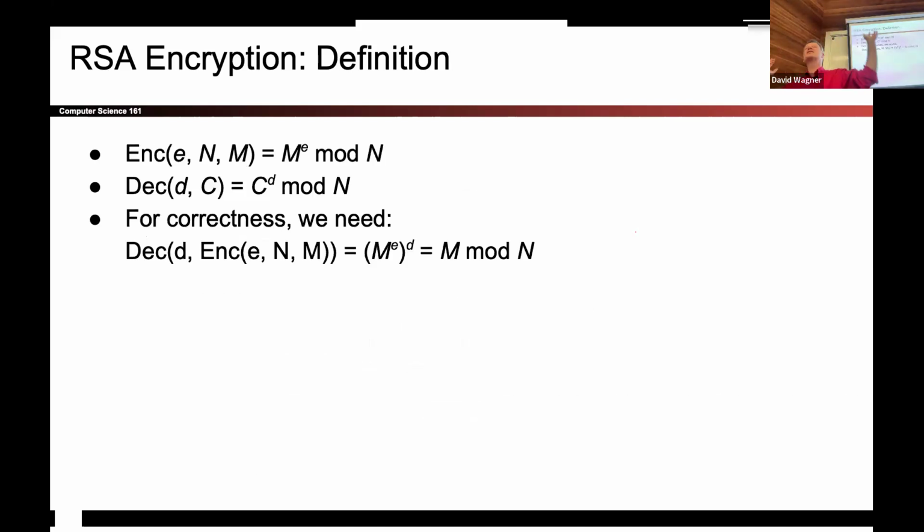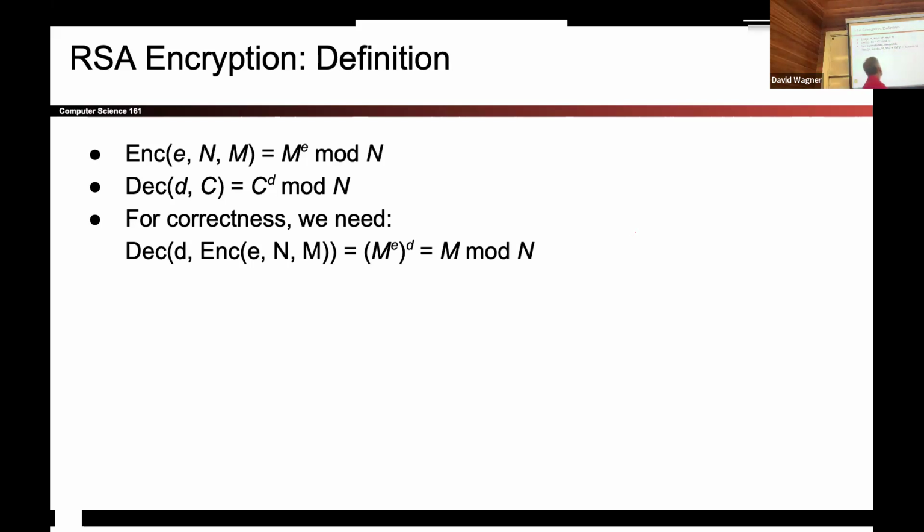Okay, so now with all that defining all these parameters, here's how encryption works and here's how decryption works. Encryption: to encrypt the message m, Alice raises it to the eth power and reduces modulo n. And there's an efficient algorithm to do that. You don't actually first raise to the eth power and get a giant number and then divide by n and take the remainder. Instead, you reduce mod n at each intermediate step of the computation. And so that can be done efficiently.